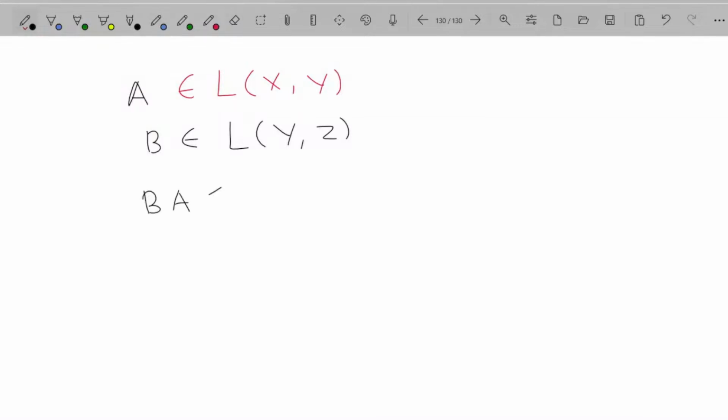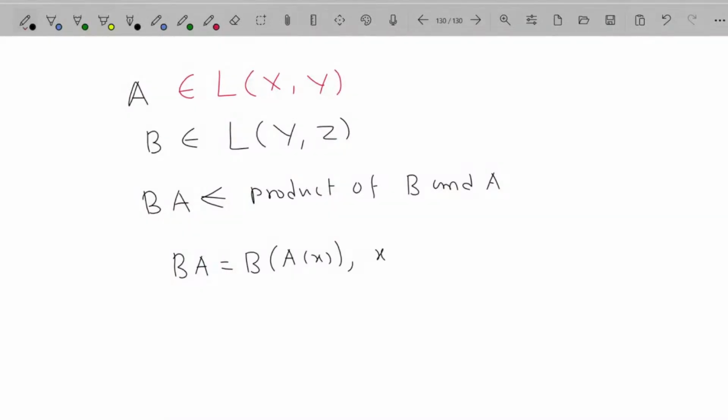So this is the product of B and A. Order is important. First you have A, then you have B. This is defined as B of Ax, where x belongs to X. So the composition of that is defined as a linear operator, the product.